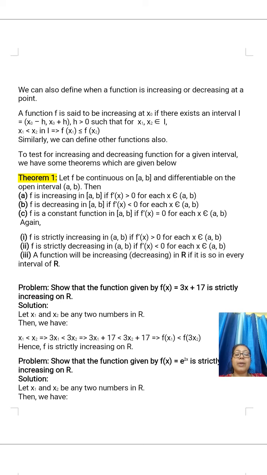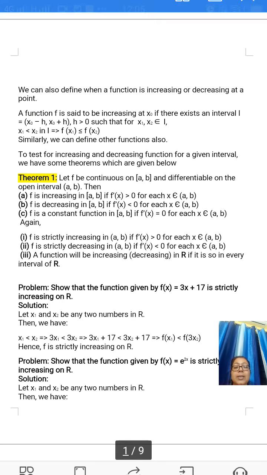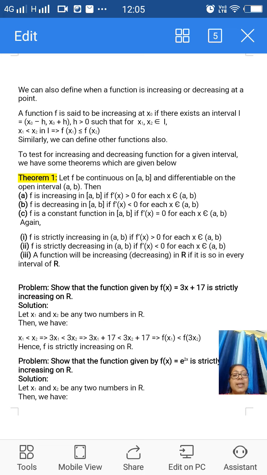That implies 3x1 less than 3x2. Then on both sides we add 17, that is 3x1 plus 17 less than 3x2 plus 17, which implies f(x1) less than f(x2). So for x1 less than x2, it implies f(x1) less than f(x2). So it is strictly increasing.